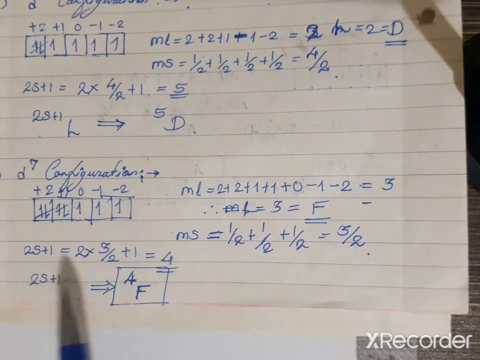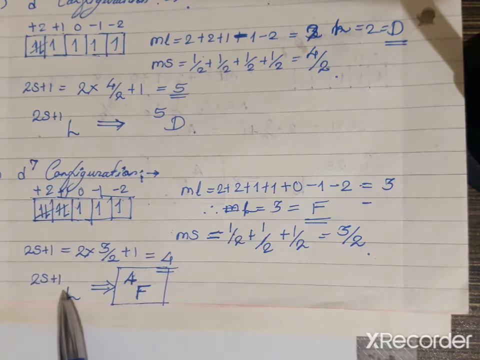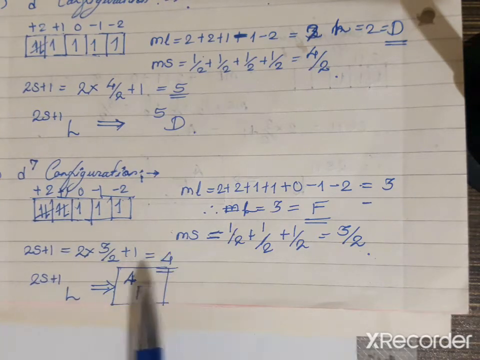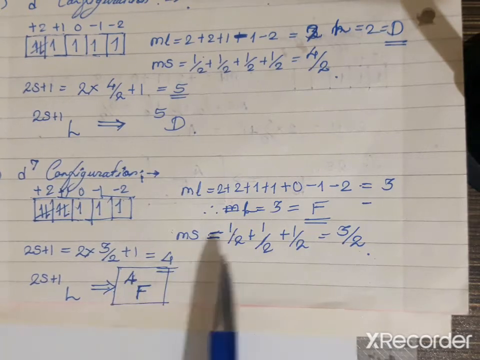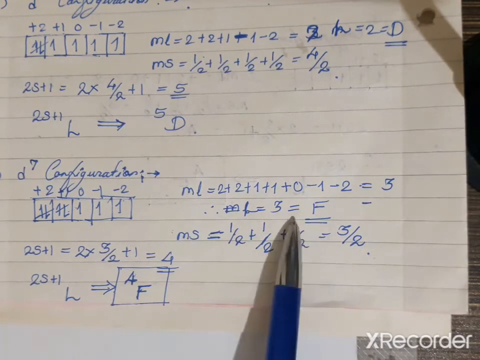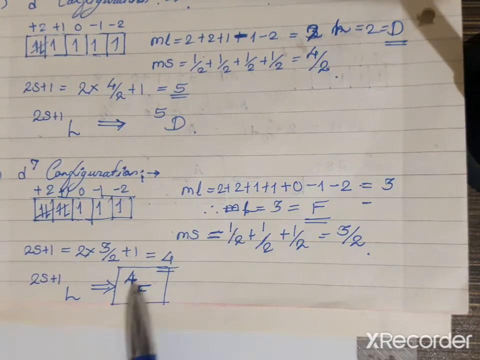Now 2S + 1 is equal to 2 into 3/2 + 1, which is 4. So spin multiplicity is 4 and the term is F.